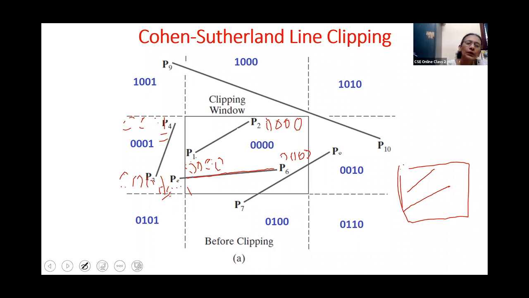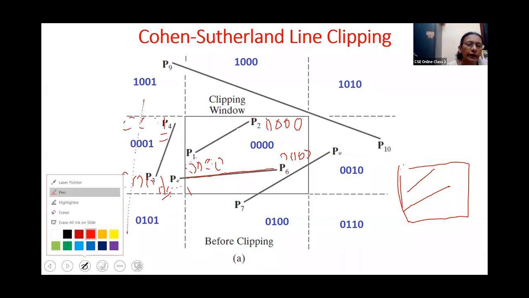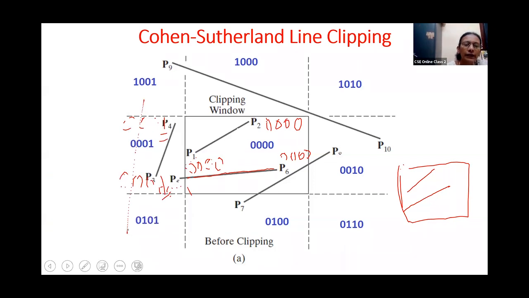Now you take another line, say from here to here.